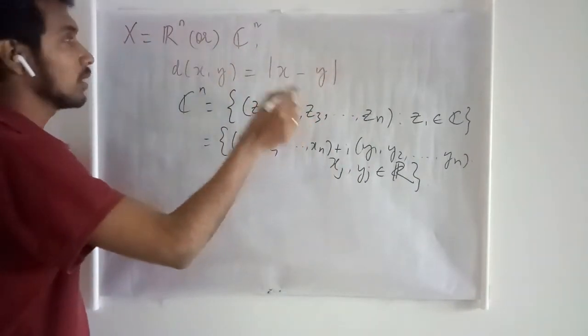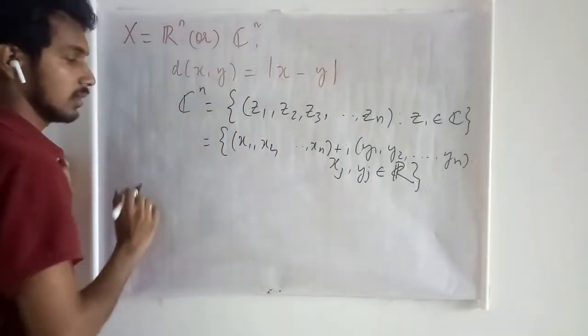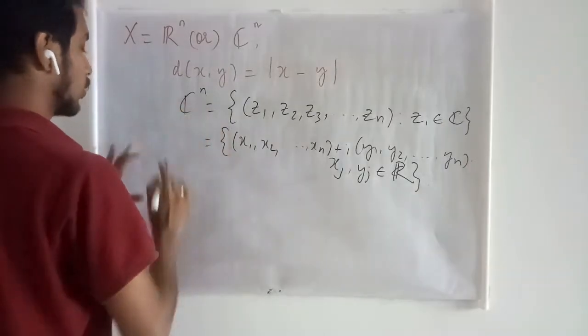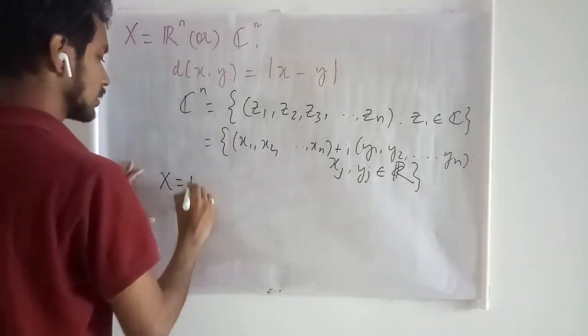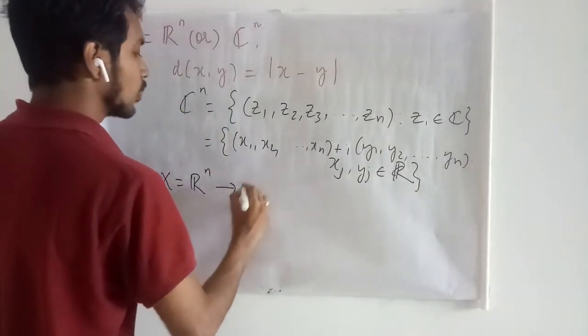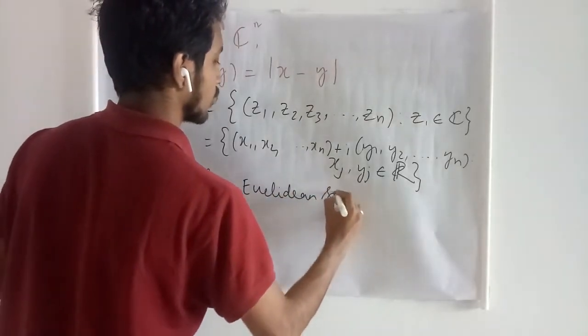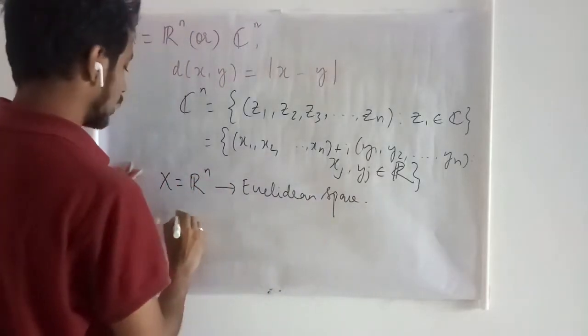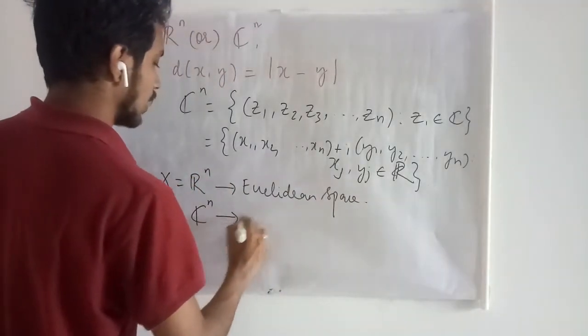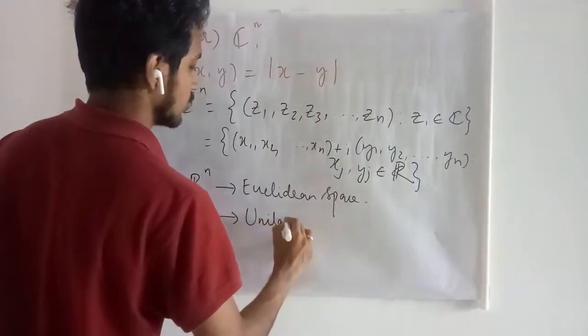This can be proved to be a metric on Rn as well as on Cn. With this metric, we call Rn the Euclidean space, and we call Cn the unitary space.